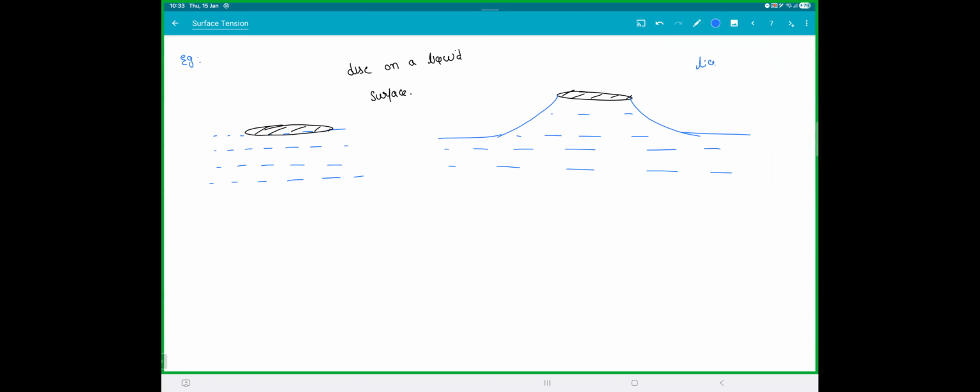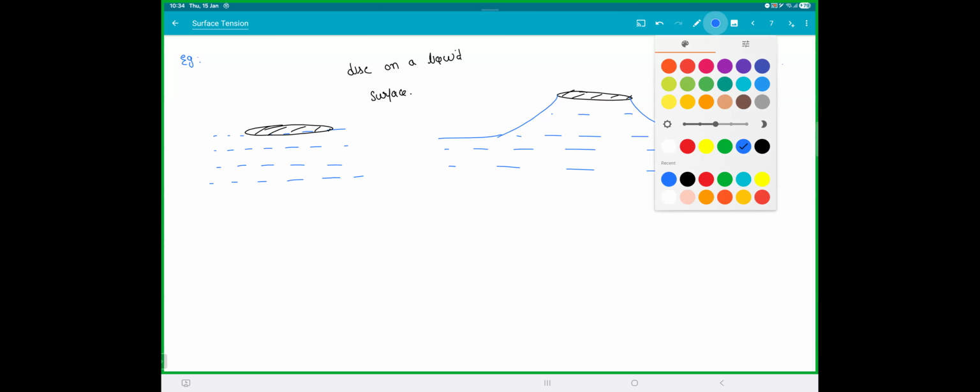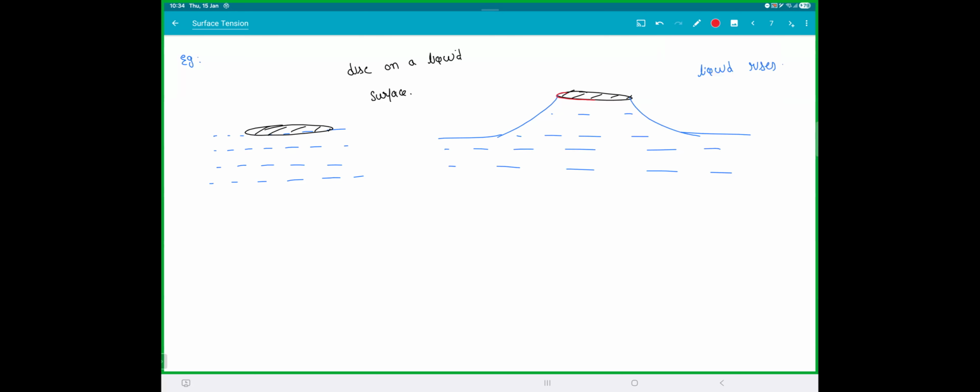It's like your shirt collar button: if you catch your shirt collar button and pull, how does your shirt rise? So basically, the surface tension force will be like this, which will be circumference 2 pi r into S. That will be the surface tension force. The liquid will pull you up.